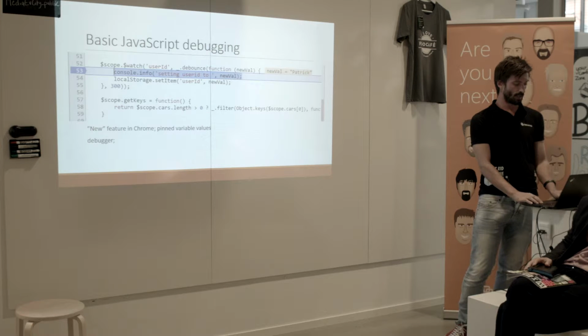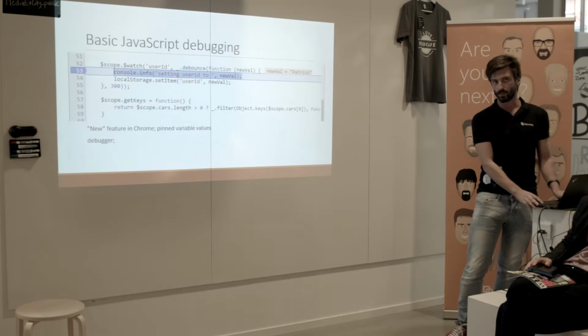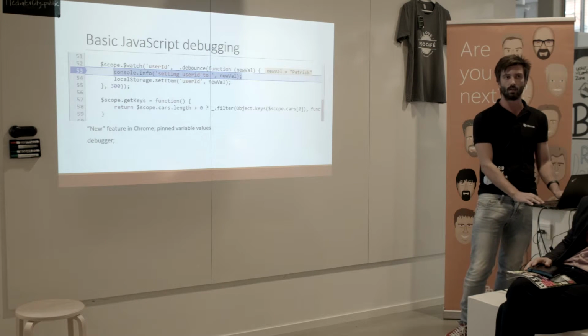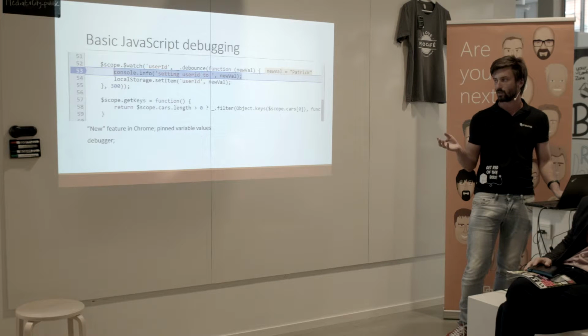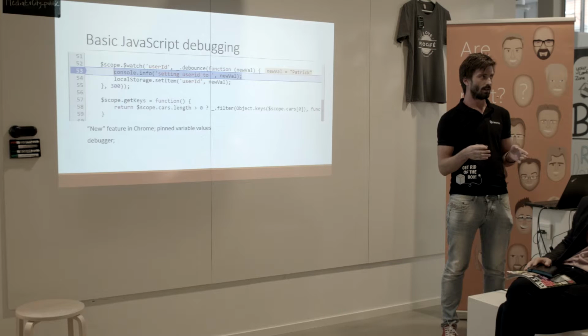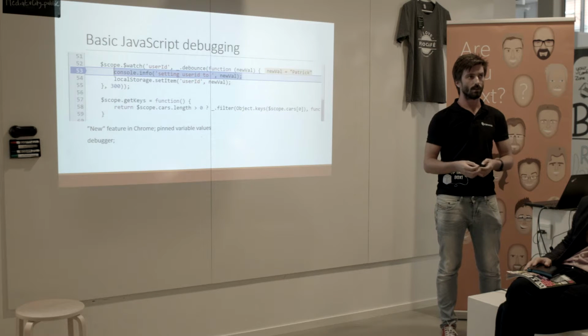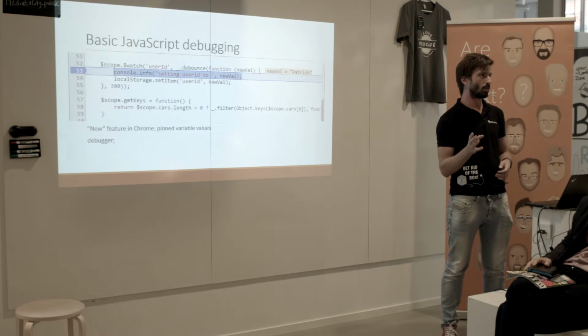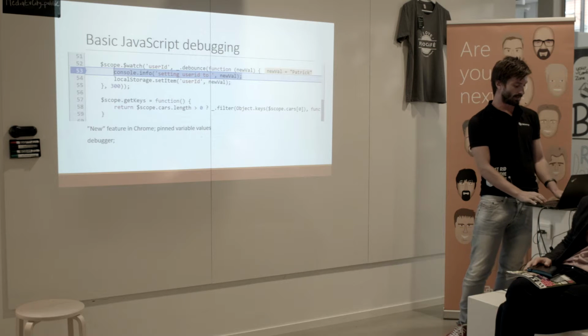Another interesting thing to note is the debugger statement that you can use. The debugger statement is used to basically break when the debugger hits the statement. So if you have your developer tools open, the JavaScript will break when it hits the debugger statement.